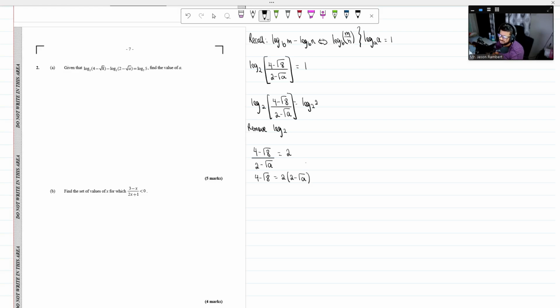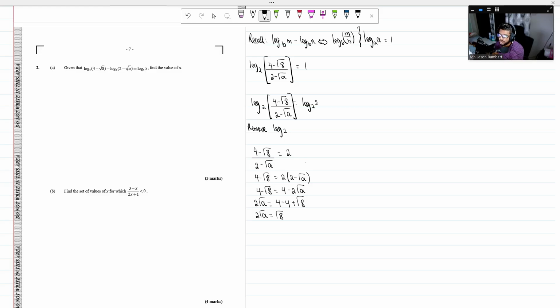I wouldn't divide by 2, I will expand. 4 minus root 8 is equal to 4 minus 2 root a. Move the minus 2 root a, I get 2 root a is equal to 4, move the minus 4 plus root 8. So I'll get 2 root a is equal to root 8.